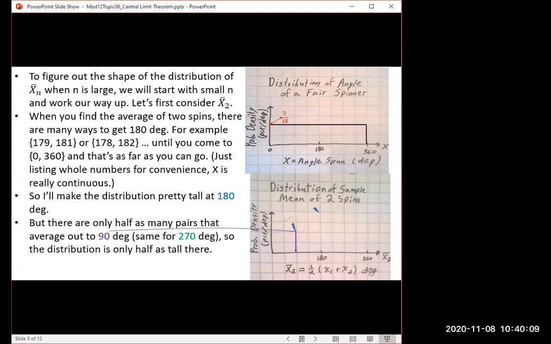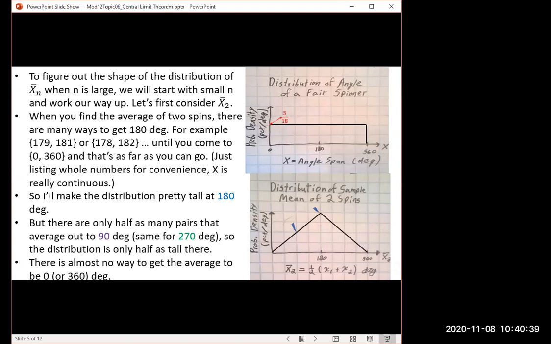So above 90 degrees, I'm going to put a little mark that's only half as tall as the distribution was at 180. And the same goes for 270. And by the time you get 0 degrees, there's almost no way for that to happen. So there's the shape that you come to.